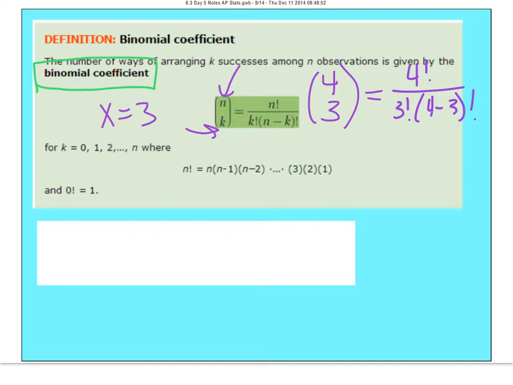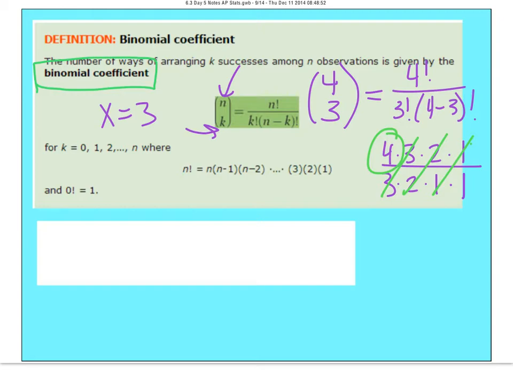That's going to be 4 factorial on the top. Folks, 4 factorial means 4 times 3 times 2 times 1. 3 factorial means 3 times 2 times 1. 4 minus 3 is 1. 1 factorial is just 1. So if you look at this, you're going to see these actually cancel out, and what you're left with is they're going to tell you there's 4 combinations.